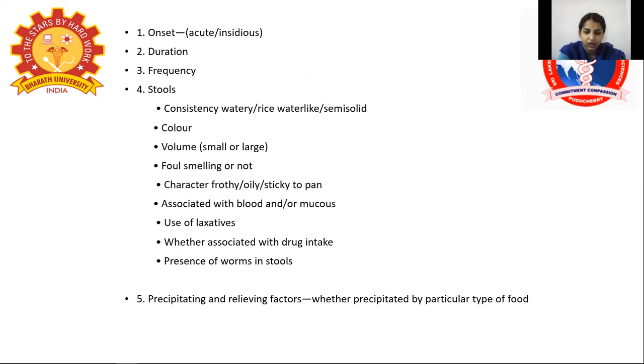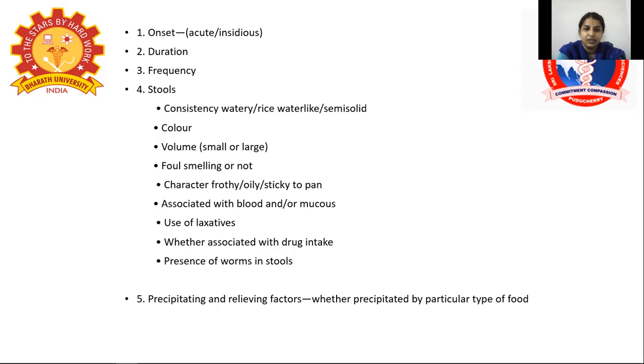Next, we need to ask about the onset of diarrhea, whether it is acute or insidious, the duration, the frequency, how many stools they are passing per day, and about the stools. About the stools, we need to ask about the consistency, whether it is watery, rice water like, or semi-solid.